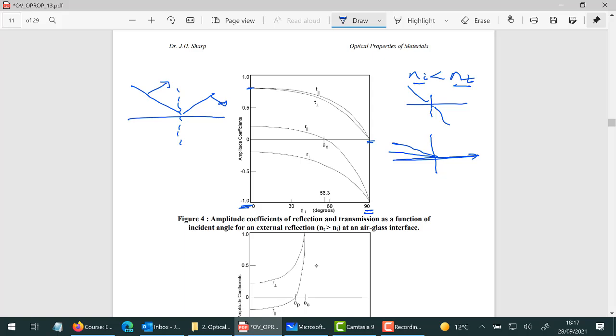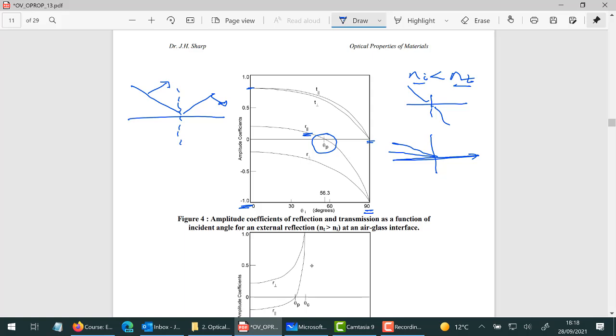The perpendicular reflectivity starts off at something like maybe 0.2 and then goes up to 1. Much more interesting though is the parallel component, and it starts off at maybe plus 0.2, goes through 0 and then ends up at 1. And this 0 point is called the polarization angle, confusingly.